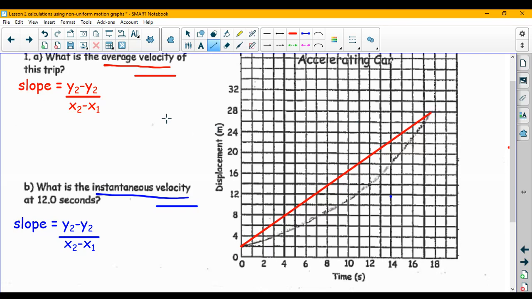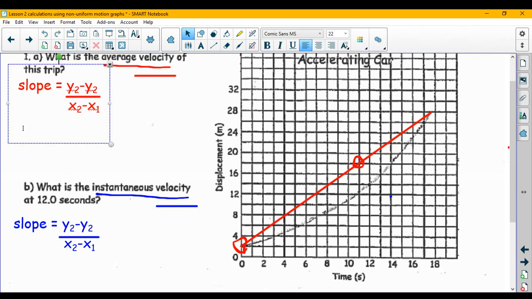So now we have that line, we just need to find the slope of that line. That's not too bad. I'm going to find two good points. I'm going to use the first one because it's an excellent point. And then I'm going to use this guy here at 11 and 18 because it's a really good point on mine. You might use a different one because maybe you have one that's a bit better.